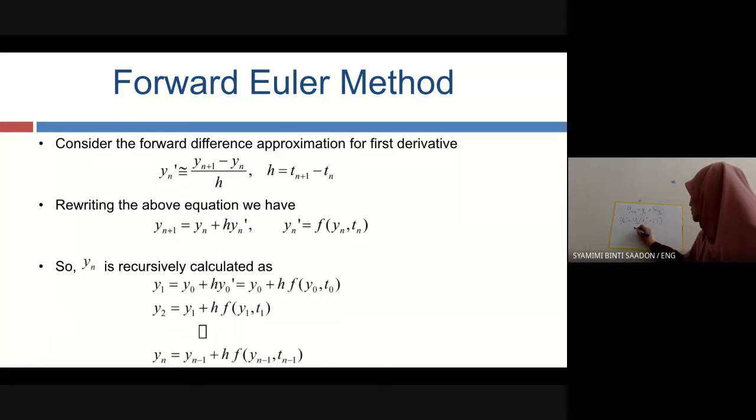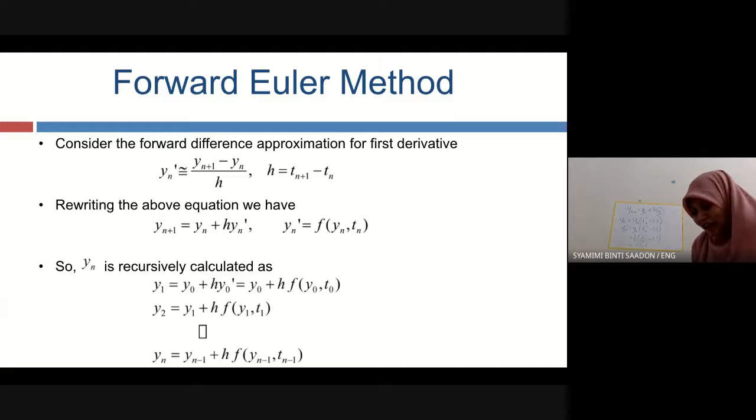So y0 prime is y0 t0 square minus 1.1 y0. Since y0 is 1 and t0 is 0, this one will be negative 1.1. So we have this one.